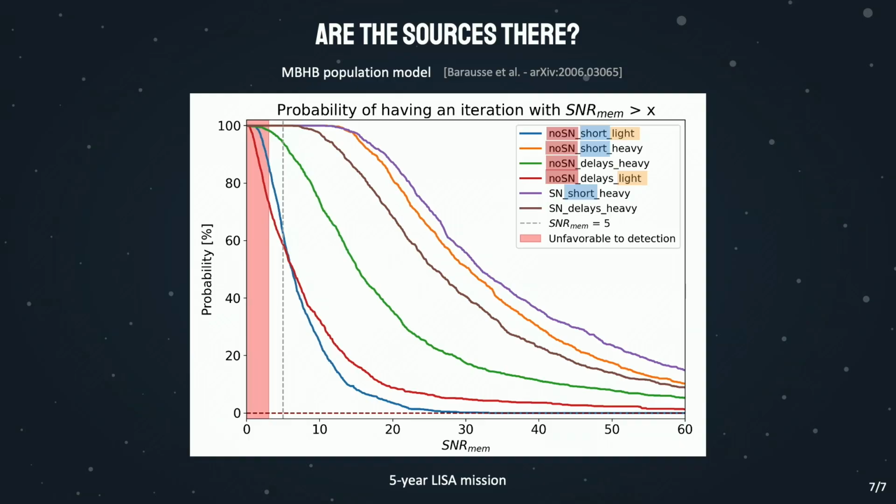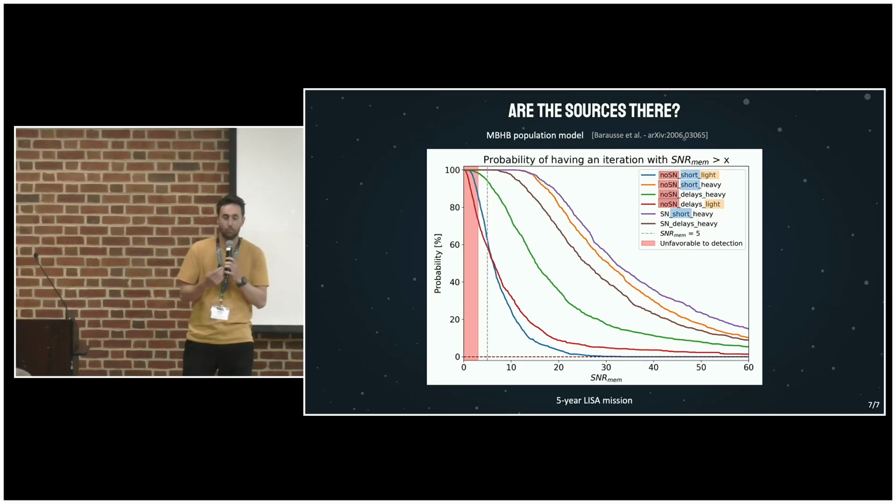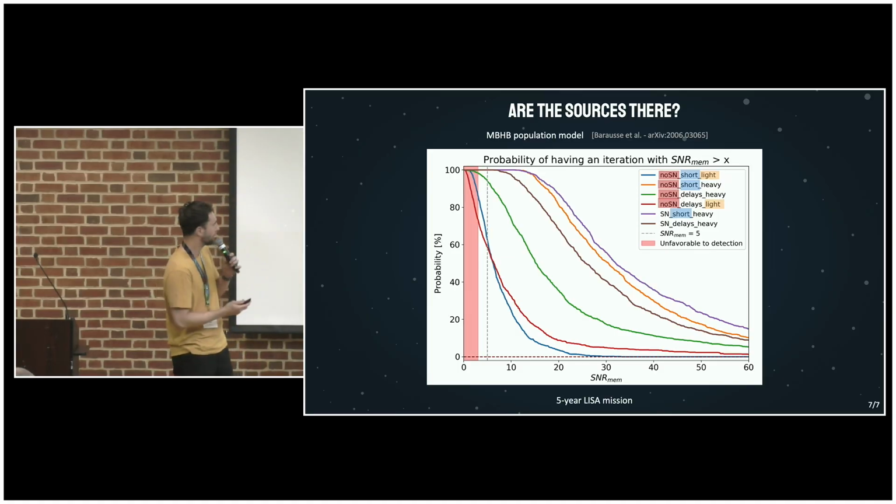So we're not just scratching the boundary of detecting memory; there is room for a realistic prospect of detection, even in the full scenario of a LISA global fit.